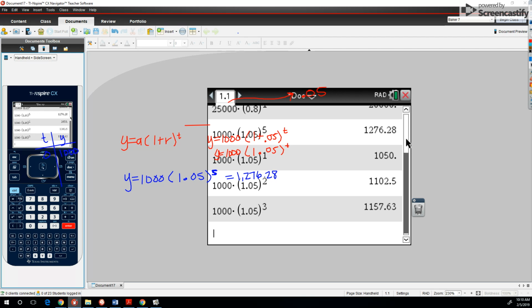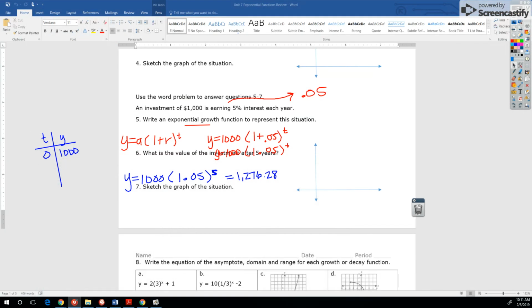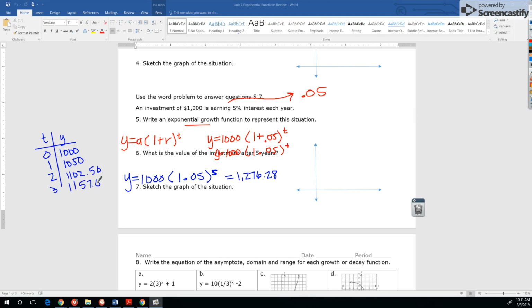I have 1,102 and 50 cents and 1,157 and 63 cents. I'll skip 4. I know what 5 is.